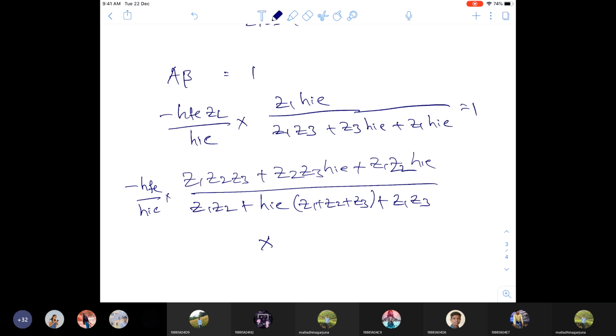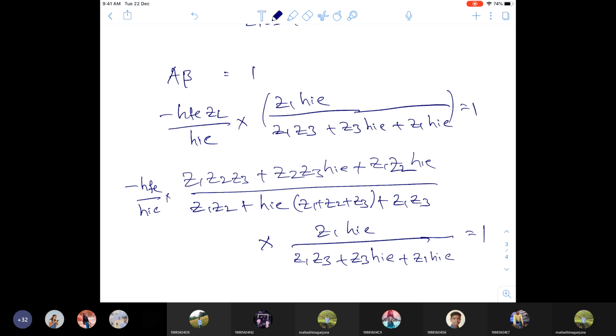Z3 into, so this portion again. So Z1 HIE by Z1 Z3 plus Z3 HIE plus Z1 HIE equal to 1.